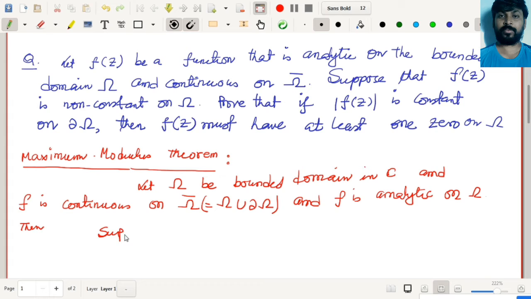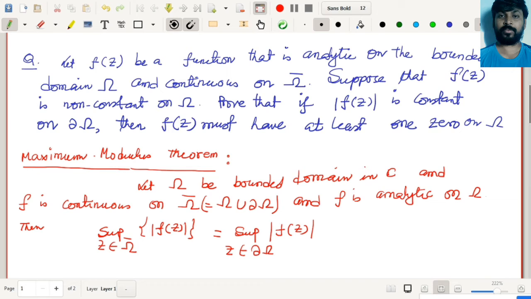The result is that the supremum of modulus of f(z) is the same as the supremum of mod f(z) where z belongs to the boundary of omega.